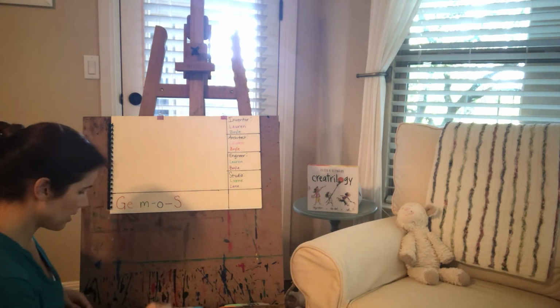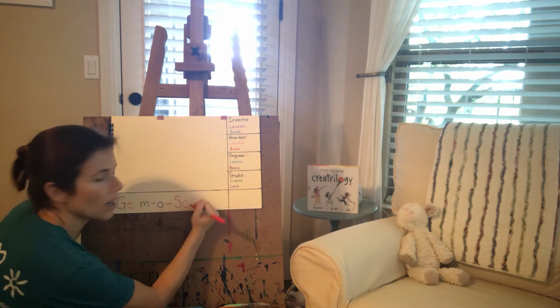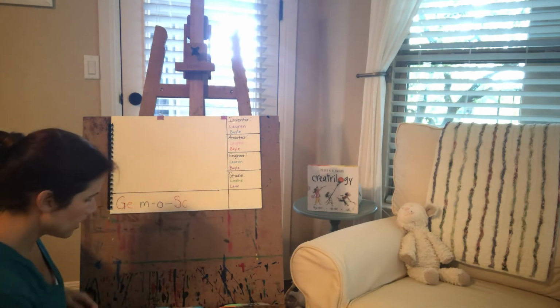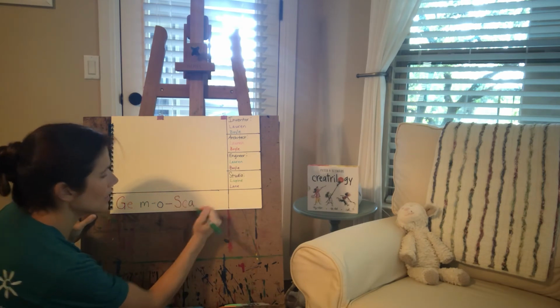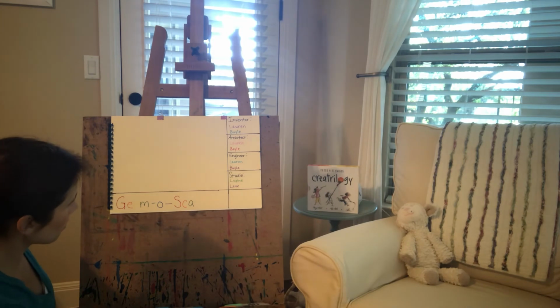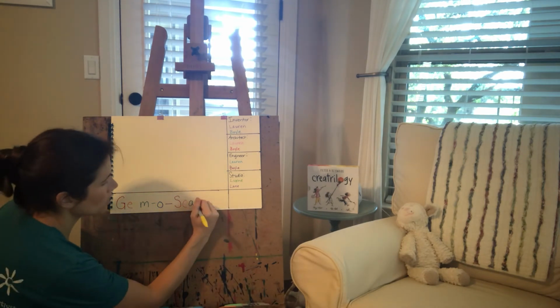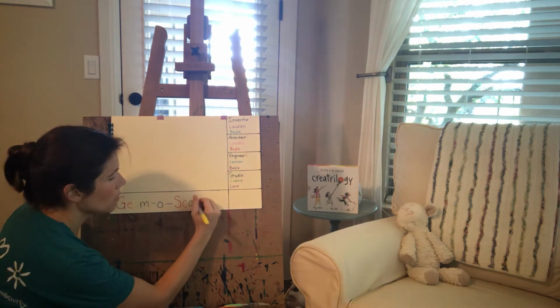S. C. A. Oops, Miss Lauren got it wrong. That's okay, we'll reverse it. It's a beautiful oops, right? We do beautiful oopses. I got the order wrong, but that's okay.